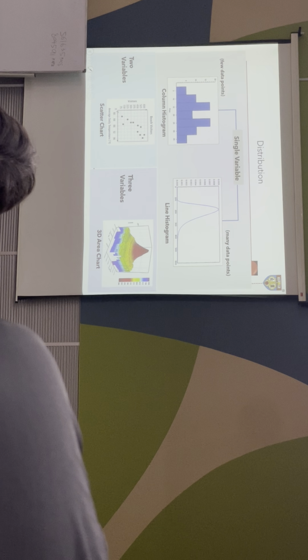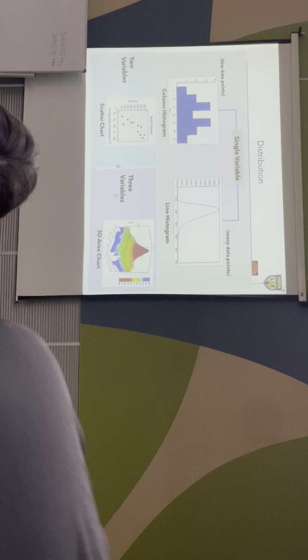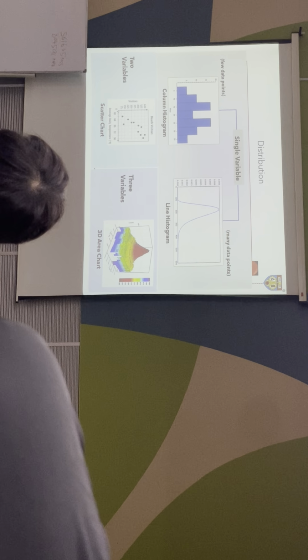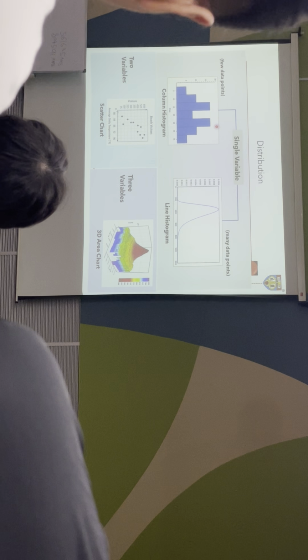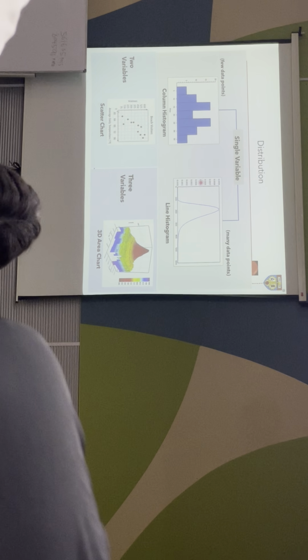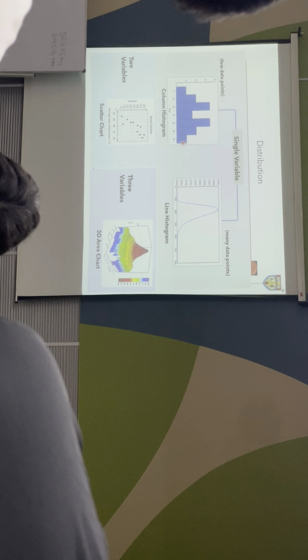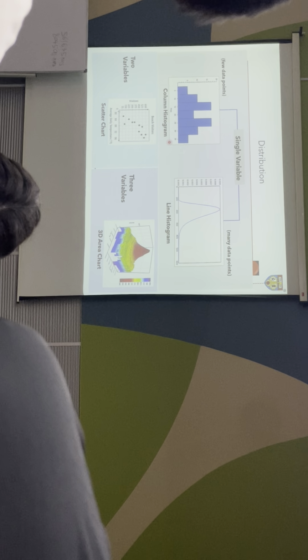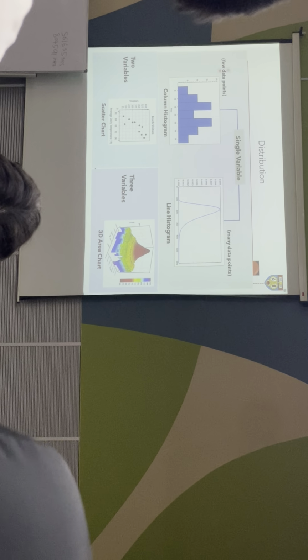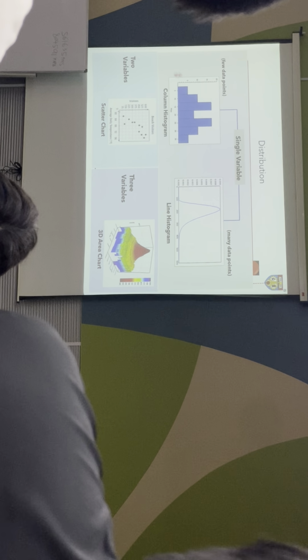Okay, and then if you're talking about distribution, we have a lot of graphs that you can use to represent the distribution. If you are focusing on single features or single variables, if your data points are small, meaning you have few data points, you can use column histogram.